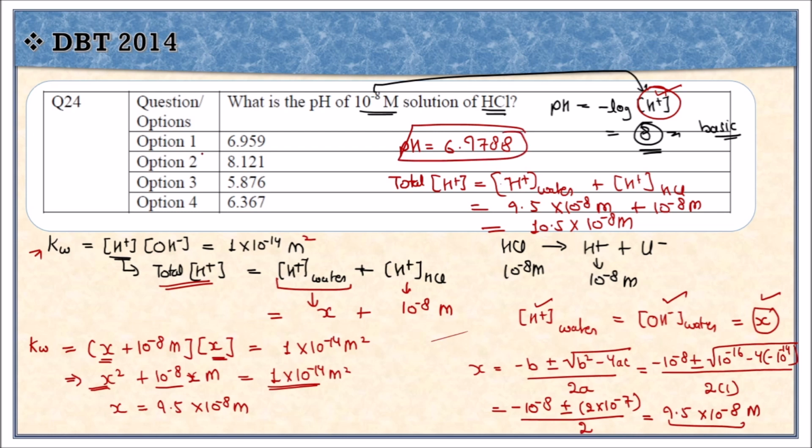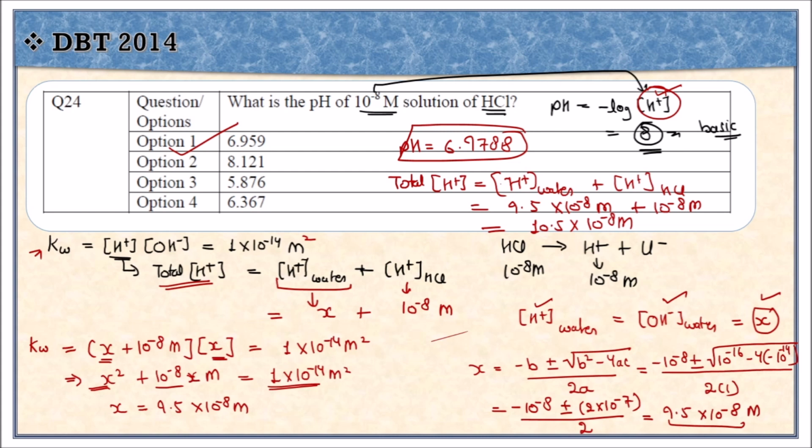Okay, and as you can see, option 1 is our right answer. So as you can see, now our solution is slightly acidic. Okay, which is true because we used acid, not base. So this is the calculation that we have to perform in order to find the true pH for the solution.